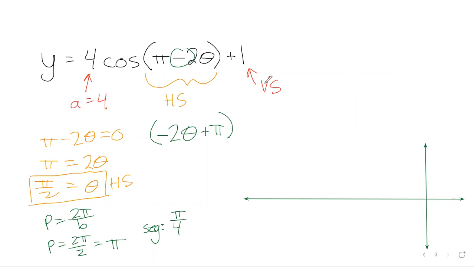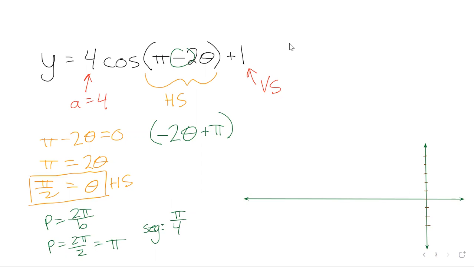Let's start with our vertical shift and amplitude. So we'll mark those in there. We've got 2, 3, 4, 5. So we've got our midline at 1, and then we go up 1, 2, 3, 4, and then down 1, 2, 3, 4.